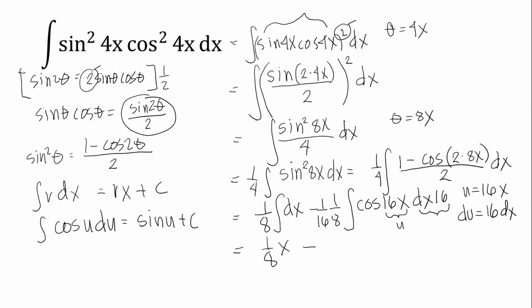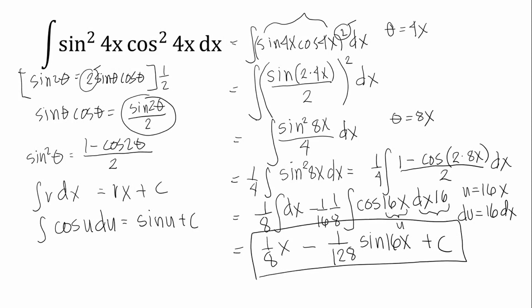So as if we are doing nothing to the equation. Okay, so 1 over 16 times 1 over 8 is equivalent to 1 over 128, integration of cosine 16x, that is equivalent to sine 16x plus c. So this is the integration of the function sine squared 4x cosine squared 4x dx.